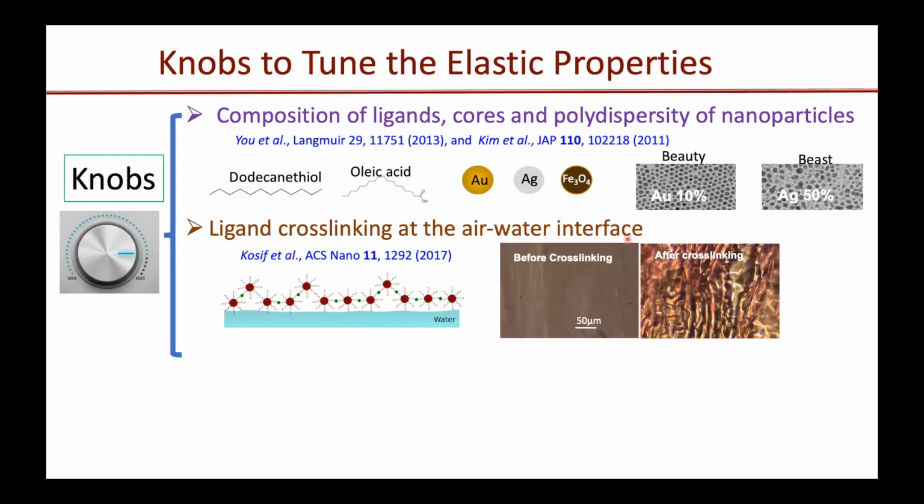We can also enhance the elastic property by cross-linking the ligands in situ at the air-water interface, thereby changing this strong but rather brittle film into a more fabric-like film.